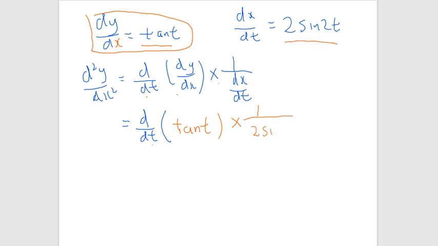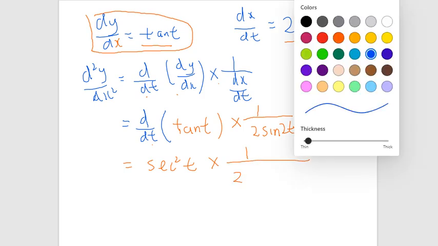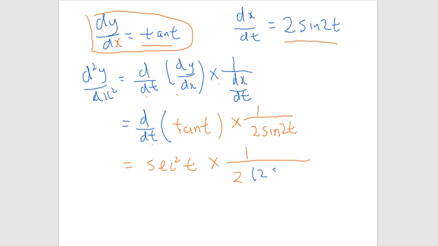So 2 sine 2t. Differentiating tan gives you secant squared t. And now multiply by 1 over 2 sine 2t. Sine 2t you can change to 2 sine t cosine t, the trig formula for sine 2t. So with that, it will give you 2 times 2, 4. It gives you 1/4.